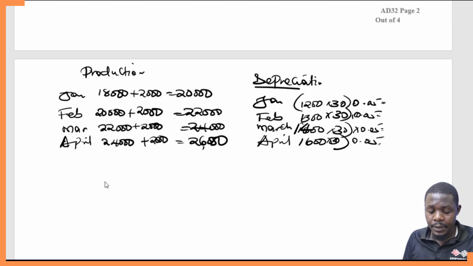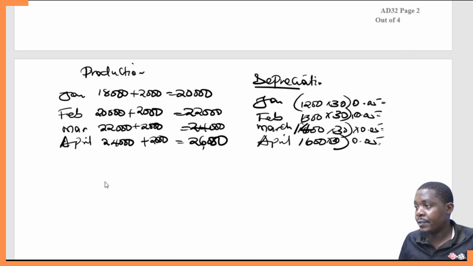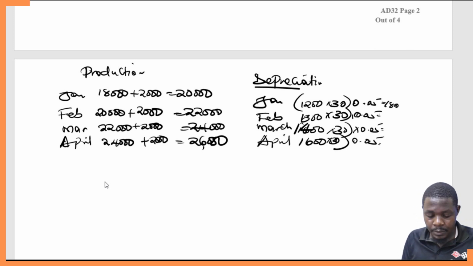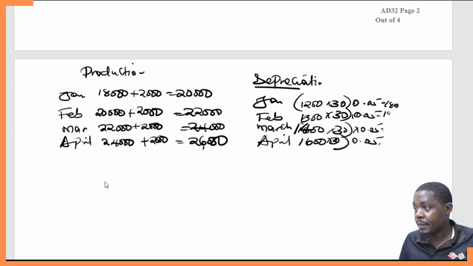Let's see. That's 1,200 multiplied by 30, the answer multiplied by 0.05. Half. And then we had 13 multiplied by 30, multiplied by 0.05, 1,950.